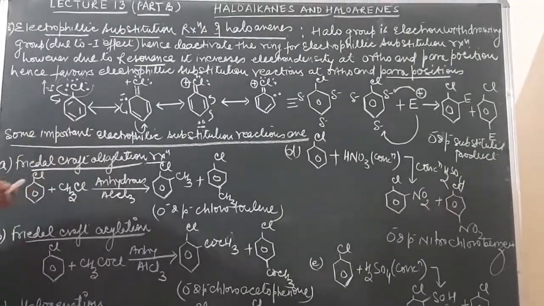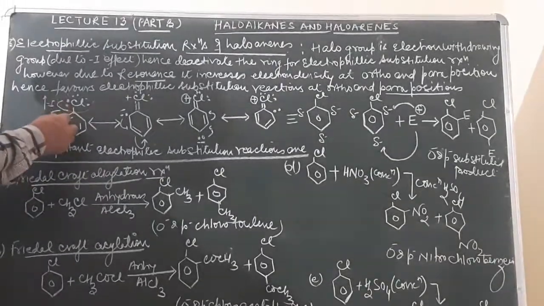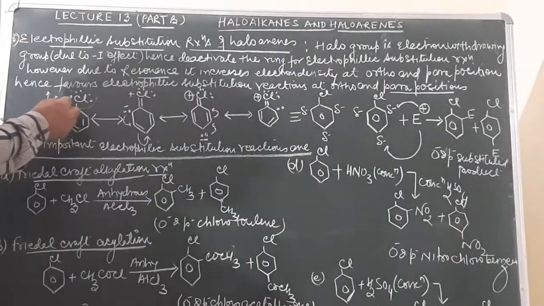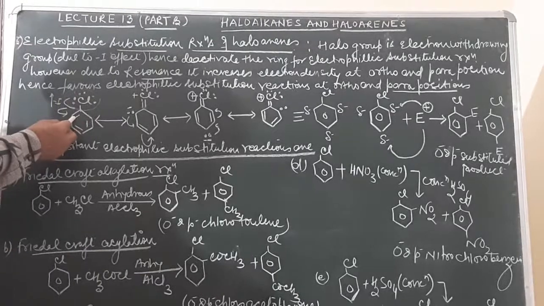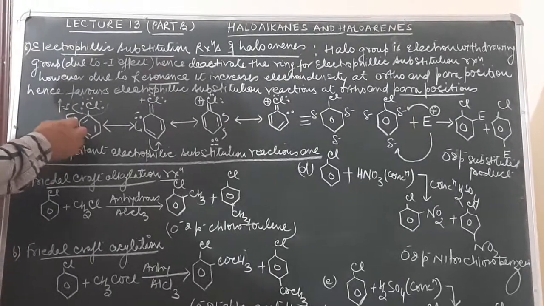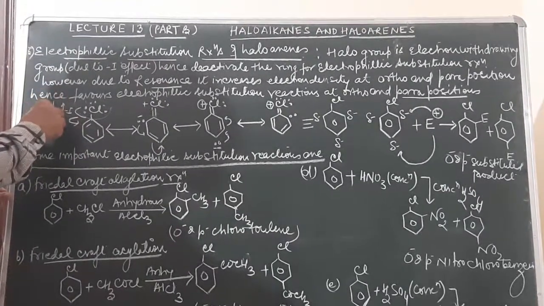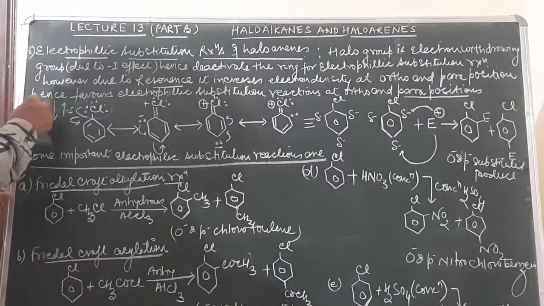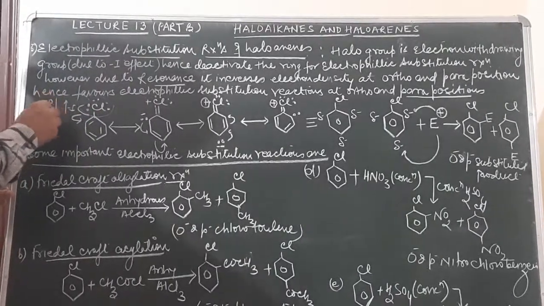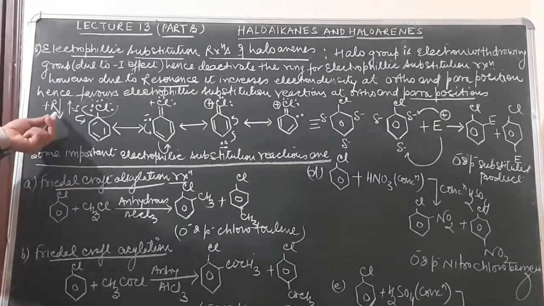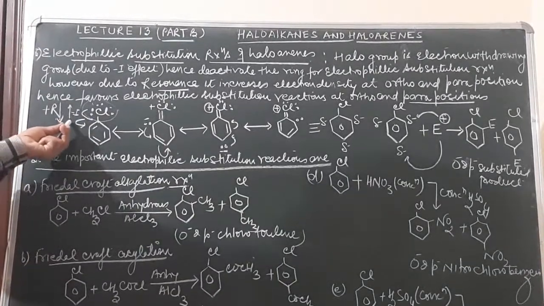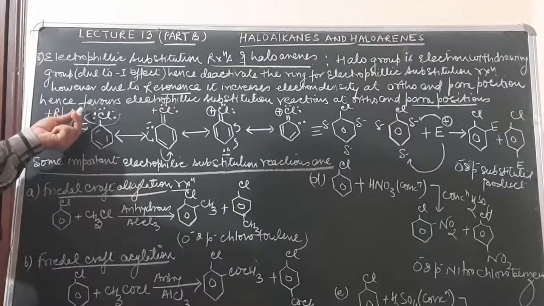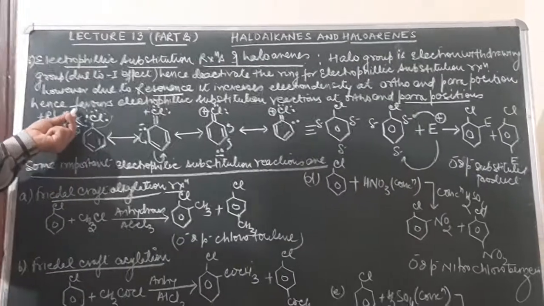But again, the halo group attached to the benzene ring has a lone pair of electrons which is in conjugation with the ring, due to which it shows an electron releasing effect by resonance, that is the plus R effect. As has been discussed many times with you, the resonating effect is more dominating than the minus I effect.